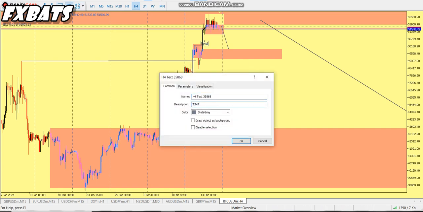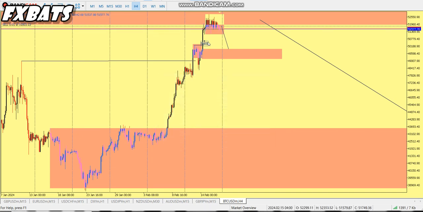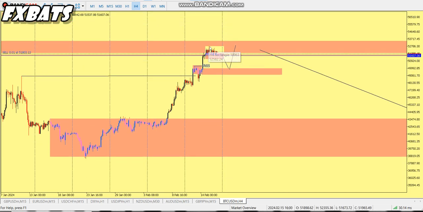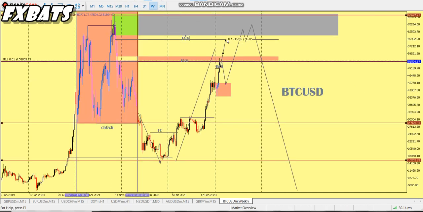So for me to continue with the bull run, I would wait for this imbalance to be filled. Filling this imbalance will prompt me to continue buying, and with this buying, I'll be targeting the previous highs and the extreme FVG or order block. Yes, we're still buying the complex pullback, guys.